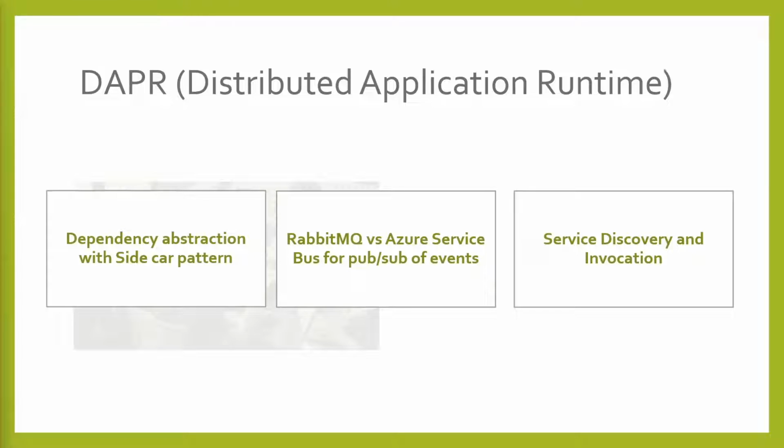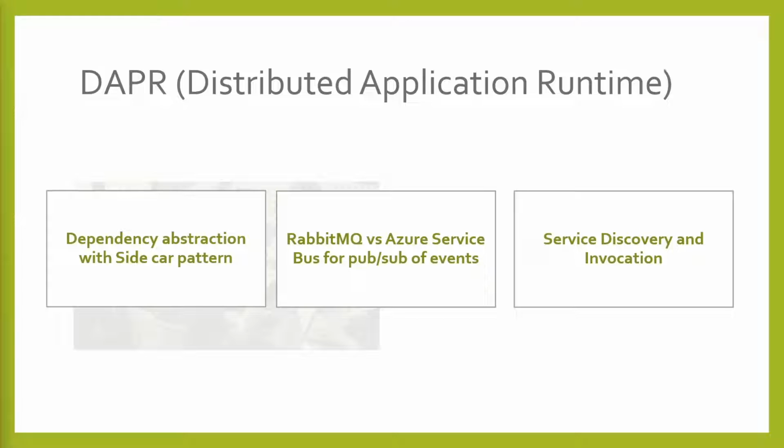DAPR also has additional capabilities such as service discovery and service invocation, right? So, in a microservice architecture, there's bound to be more than one application or microservice running. And as more and more applications are being developed and pushed, you really need a good way to understand the endpoints where each of the other applications are running.